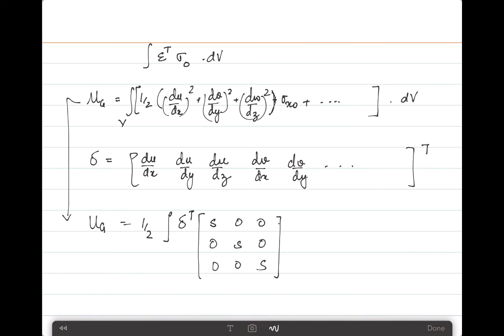This is of course a tensor times the displacement with the derivative of the displacement times dV.